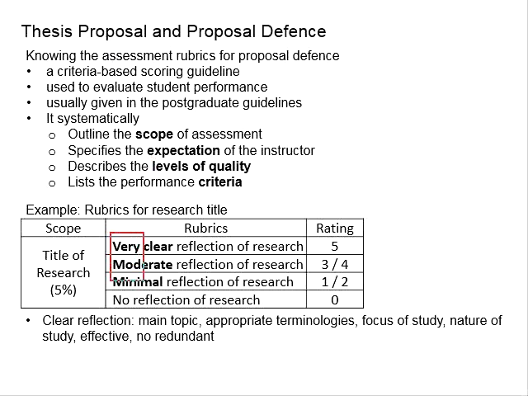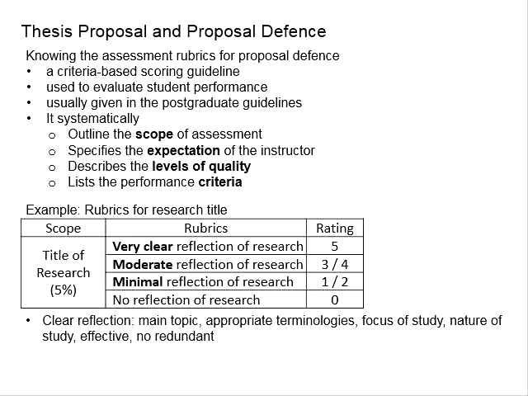You see the differences, from no to very clear, and the marks are awarded accordingly. That means based on the rubric here, it is possible for you to score a full 5 marks for your title, provided that the title very clearly reflects the research.